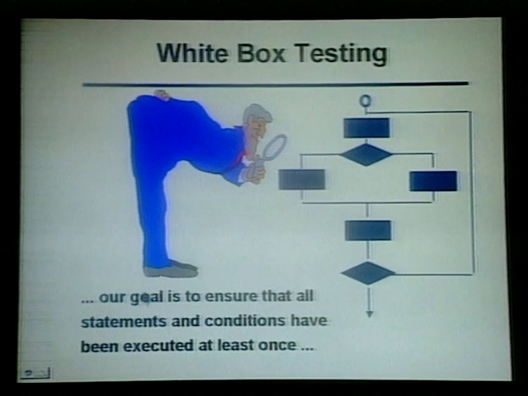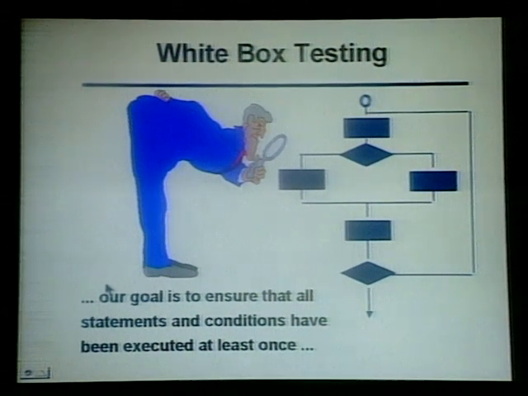So our goal is to make sure that all the statements and conditions have been executed at least once. So in white box testing, tests are conducted to ensure that all internal operations are performed according to the specification, and all internal components have been adequately exercised.